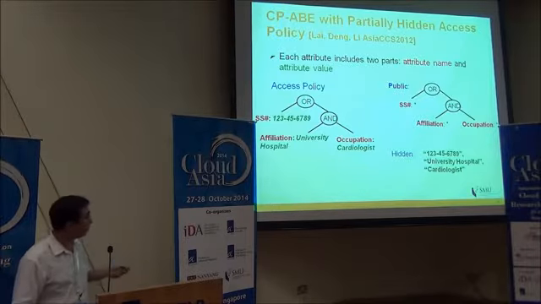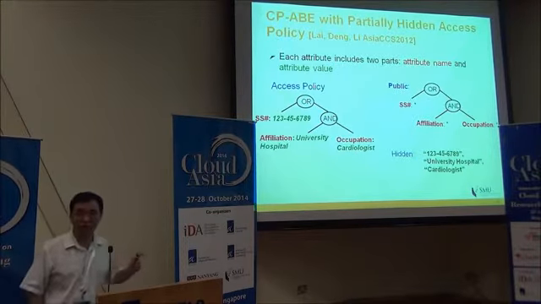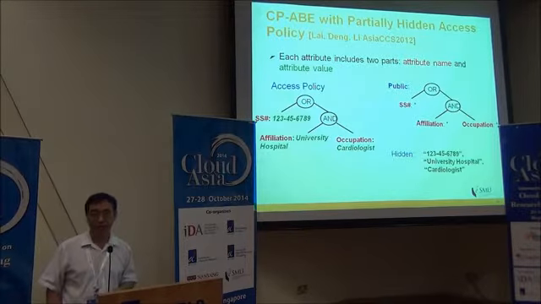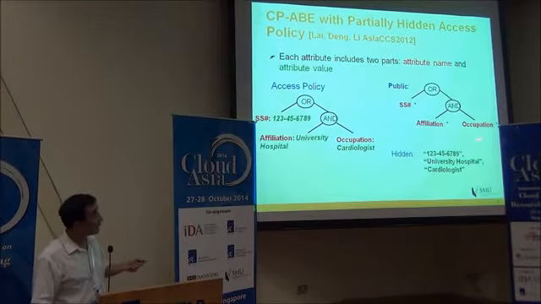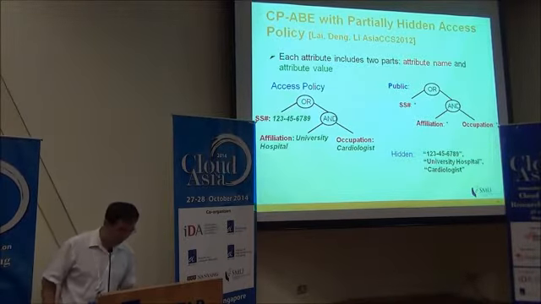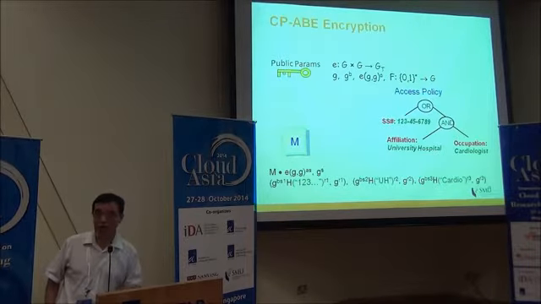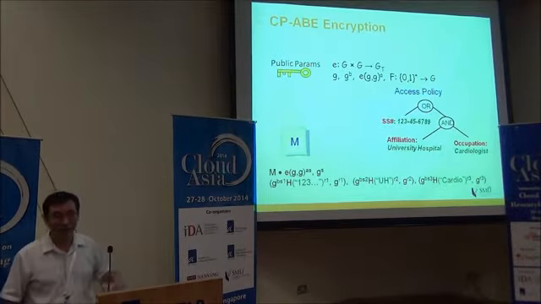It's only when we reveal the values that we need to disclose private information. So this idea, we publish this with the name without the value. So the next question is how to do this, how to make it possible.